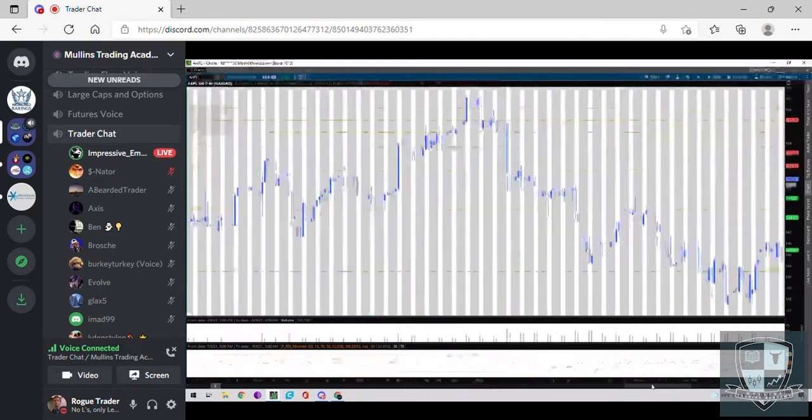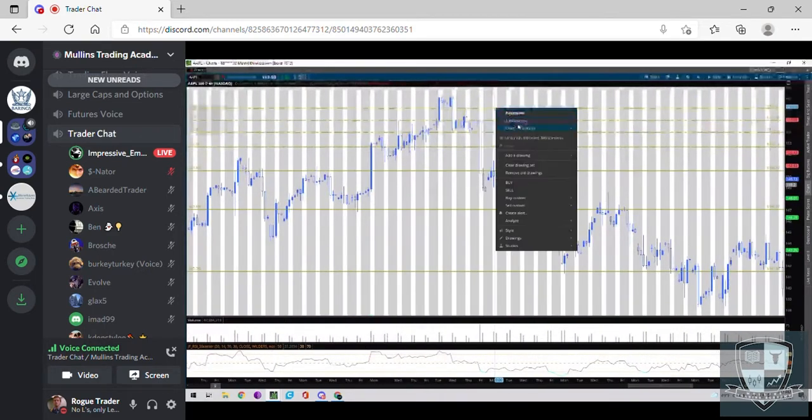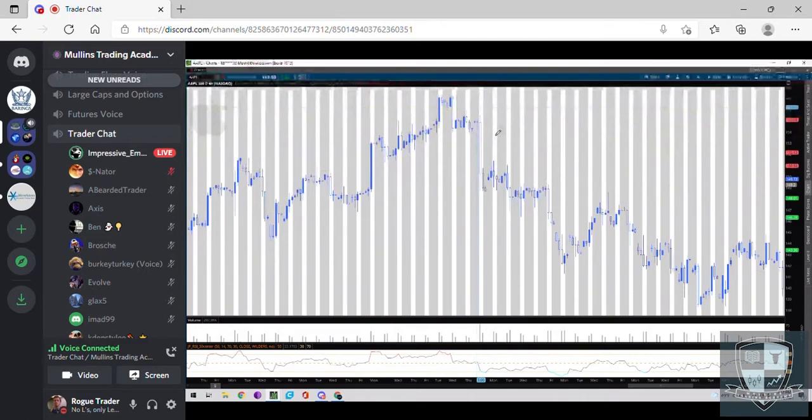It's very common that when you draw them correctly, previous areas where fibs can be drawn or previous levels are going to be future levels. Where price was respected earlier, it's likely to be respected again in the future.